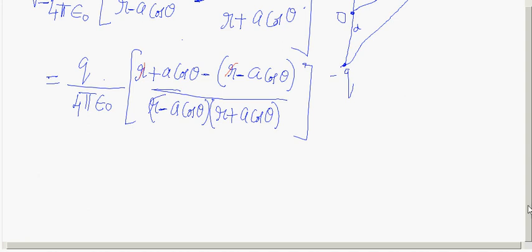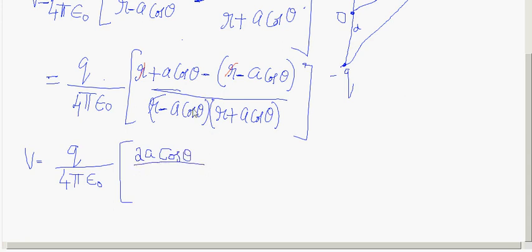So we get V equal to q divided by 4 pi epsilon naught into a cos theta, minus of minus is plus, so this becomes 2a cos theta, divided by, this is of the form a minus b into a plus b, so that is r square minus a square cos square theta. A minus b into a plus b is a square minus b square.